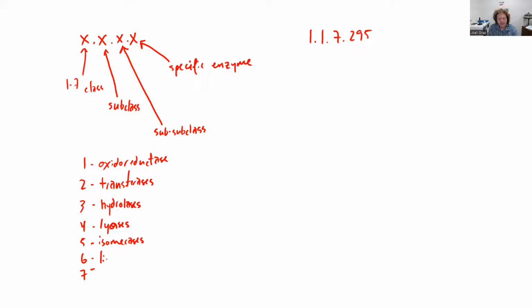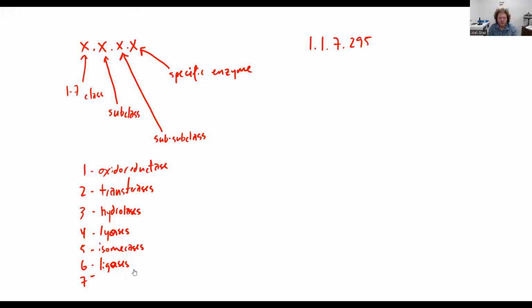6 are your ligases. These are going to be molecules where you're harnessing ATP's energy to basically combine 2 molecules together. This is an enzyme that's going to take 2 molecules, and bring those 2 molecules into one and break ATP to drive that.